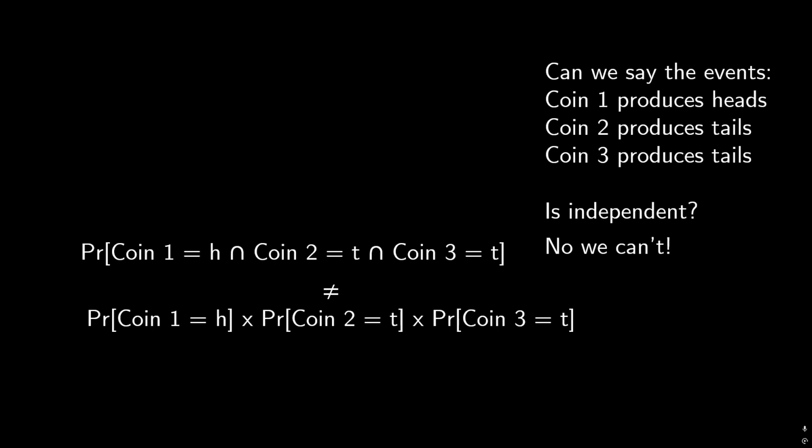We would like to philosophically argue that they should be independent coins, independent flips and independent outcomes and independent events. But this is a philosophical choice you have to make. You have to say that we think it's reasonable to assume that these events are independent. So independence is typically an assumption that we make before we start analyzing our distributions, rather than looking at something and then proving that they're independent.